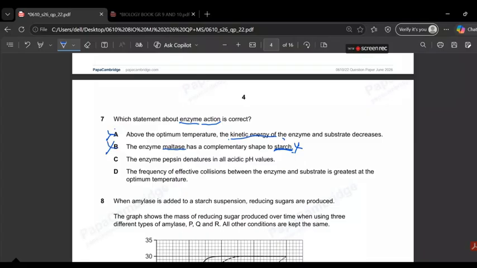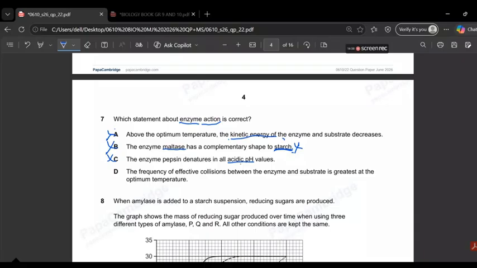B excluded. C: The enzyme pepsin denatures in all acidic pH values. No, as you know, pepsin works best in our stomach, and in our stomach, the pH is actually acidic. So, no. The only option we are left with is D, which should be correct, of course.